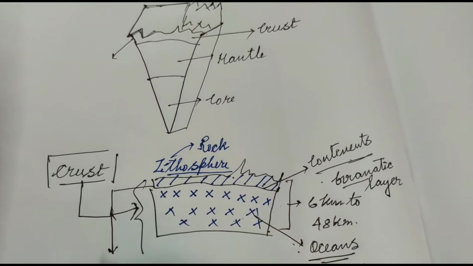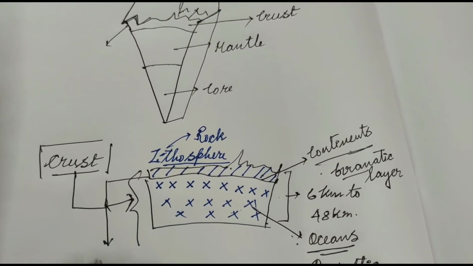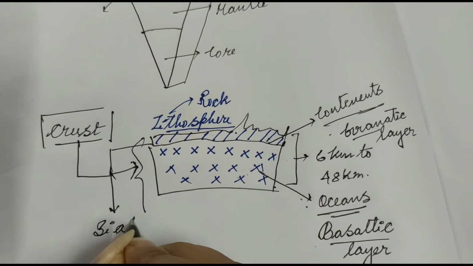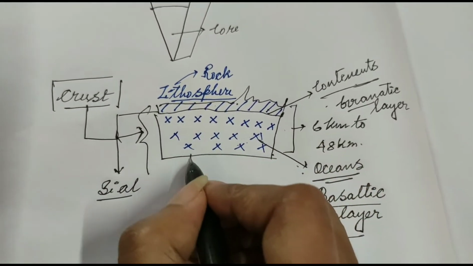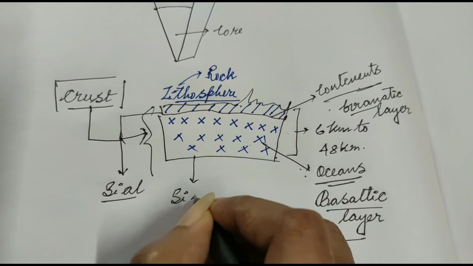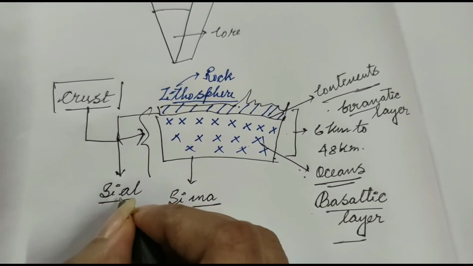These two parts you can see now. This part is the Sial, and this part is the Sima. Why I am writing it like that I will tell you.